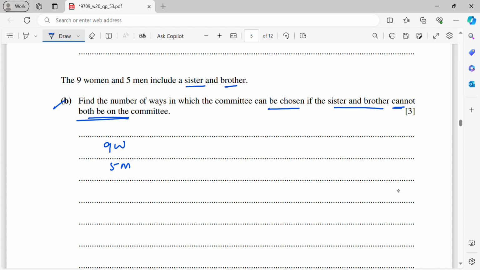Here you have 1 sister and 8 others. And for the 5 men, you have 1 brother and 4 others.